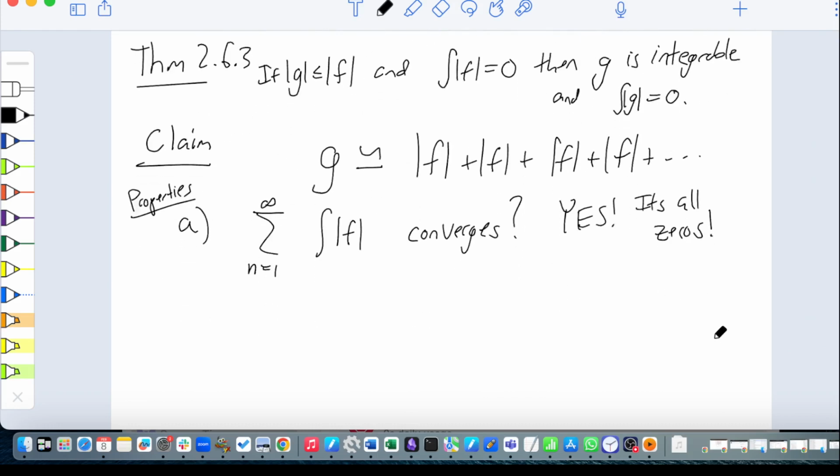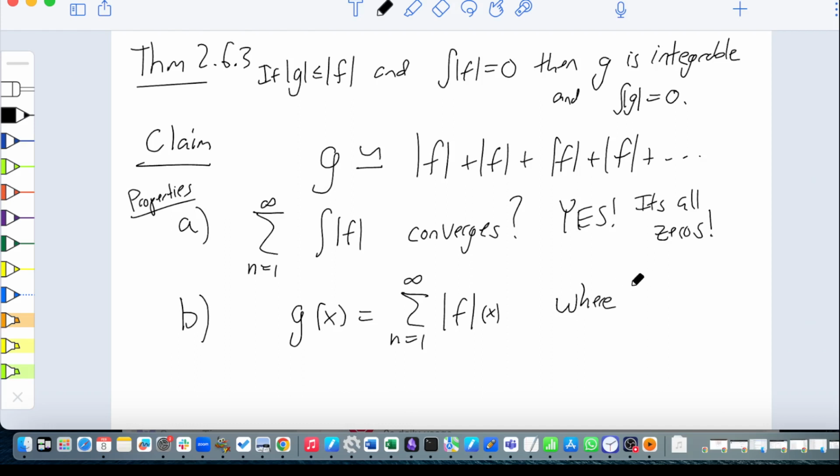Okay, property b says that g of x has to be equal to the sum of f of x whenever the sum converges absolutely.